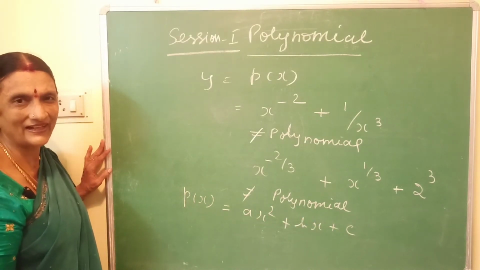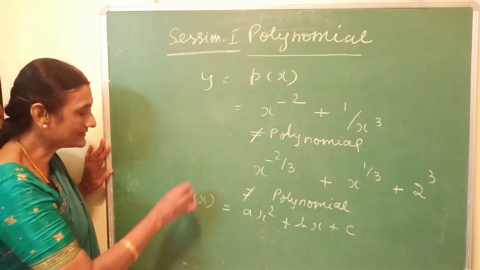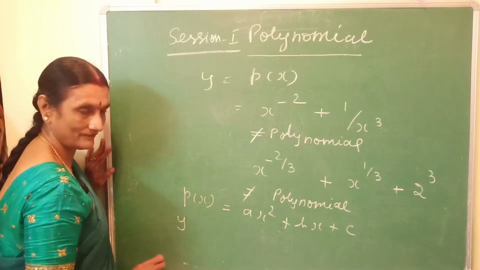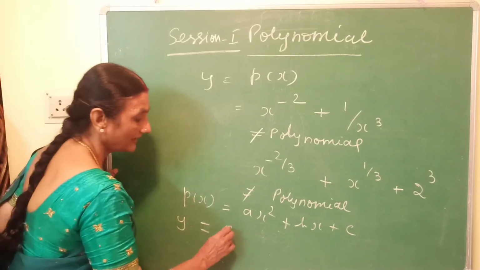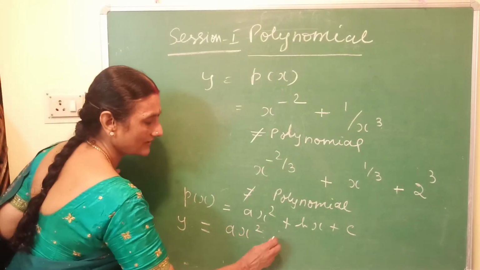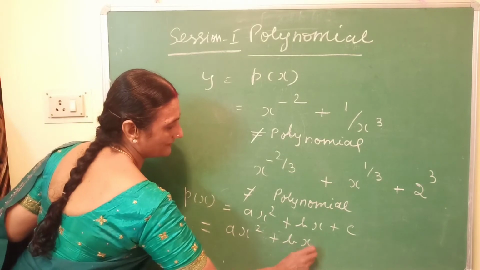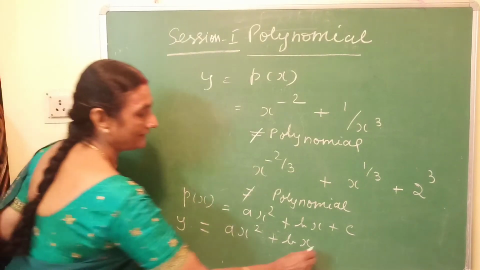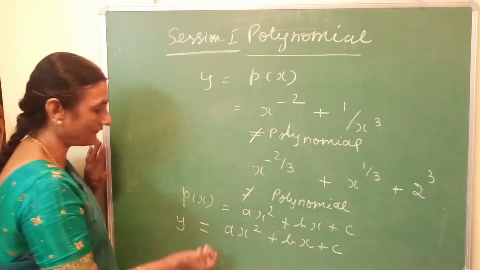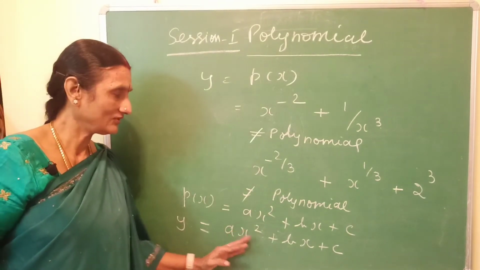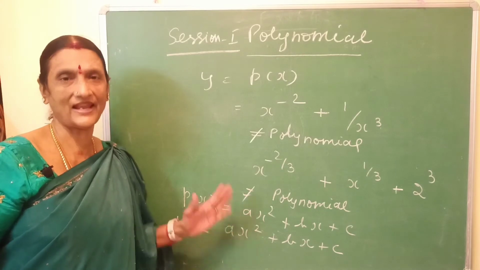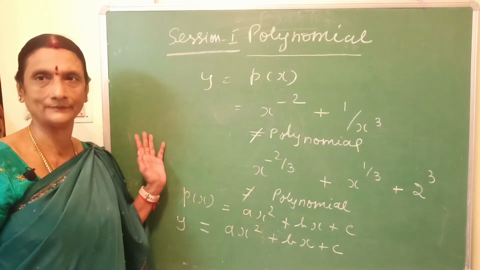Are you understanding? And that is equal to y. That means the variable y is connected with x through this relationship. We can introduce a constant also, and say the variable y is connected with x through this relationship, ax square plus bx plus c.